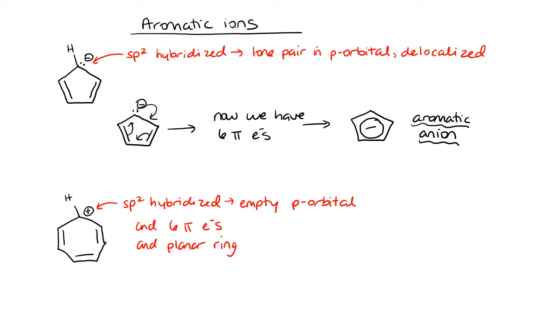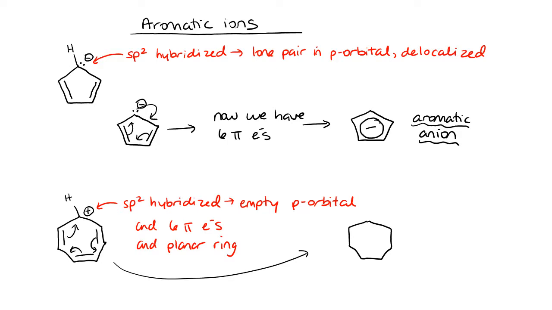So this is an aromatic cation. All of these electrons can move around amongst all 7 atoms.